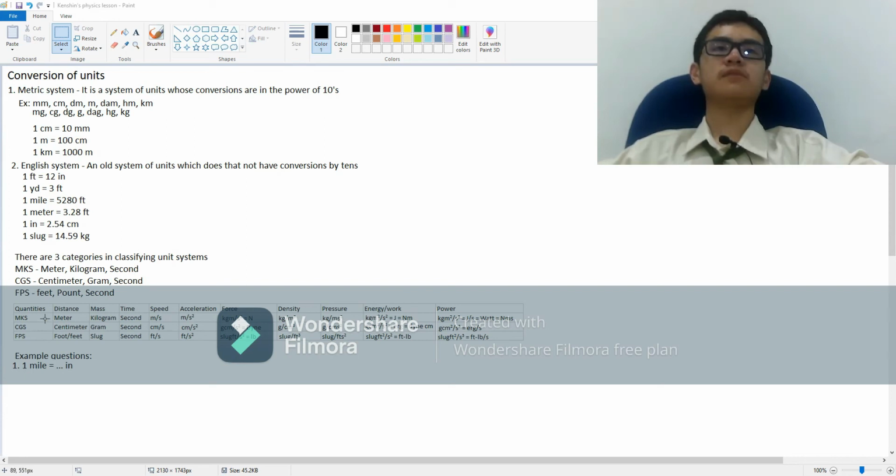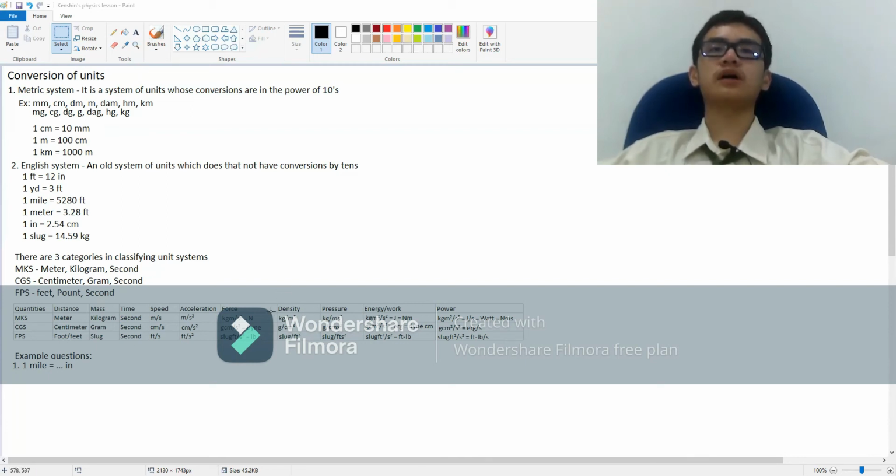And for speed, in MKS we use meters per second, CGS we use centimeters per second, FPS is feet per second. For acceleration we have meters per second squared for MKS, centimeters per second squared for CGS, feet per second squared for FPS. For force, we use newtons for MKS, dynes for CGS, and pounds for FPS.